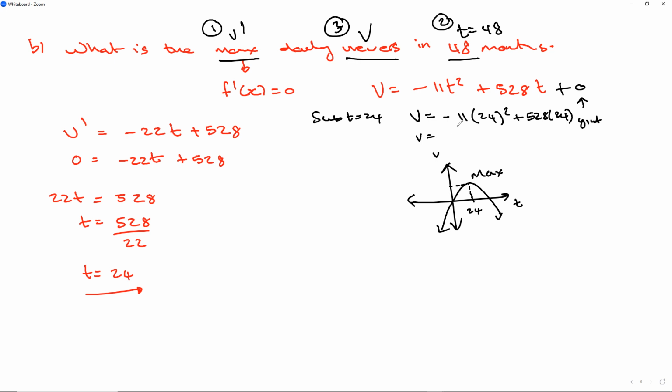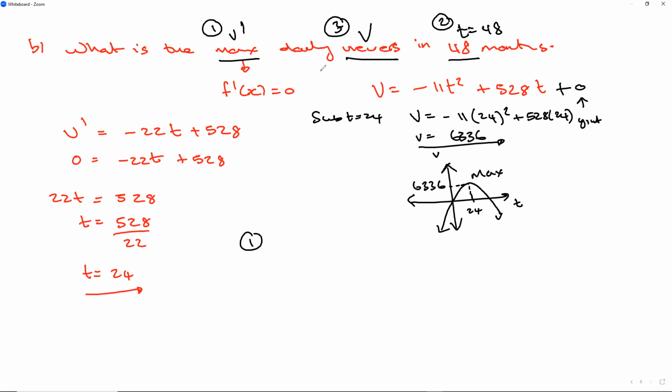That's going to be 6,336. And that's the total number of viewers, 6336, according to this function at 24 months.